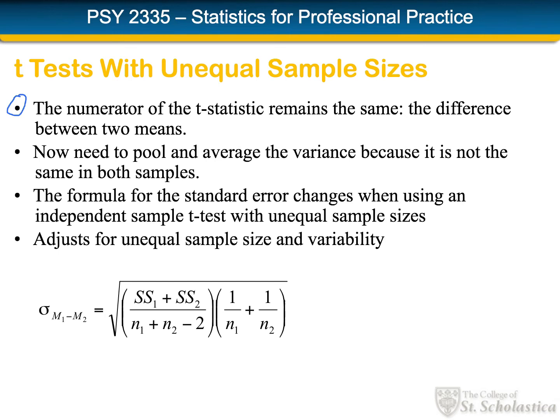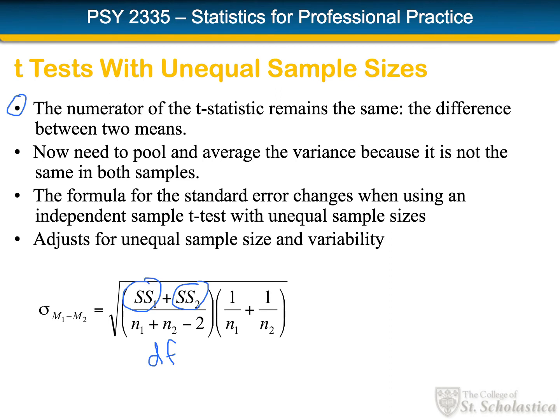And the standard adjustment for unequal sample size takes the sum of squares within each of the two samples and adds them together, and then divides that total by basically the degrees of freedom for the entire test, the two means that we compute minus 2, and then that whole thing, when we multiply by 1 over n1 and 1 over n2, it's the same thing as dividing by those numbers.